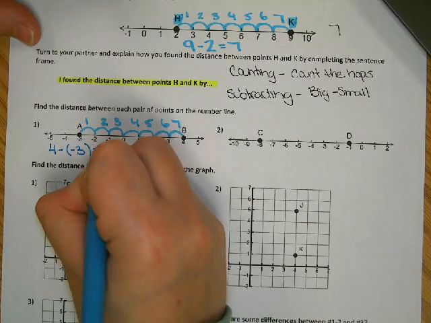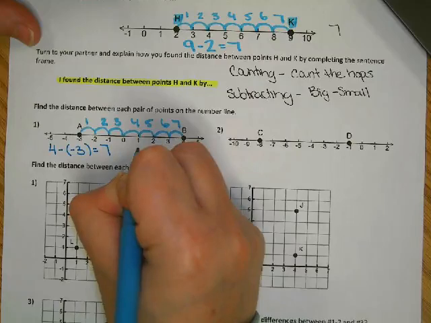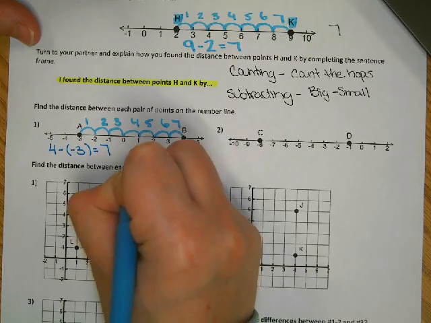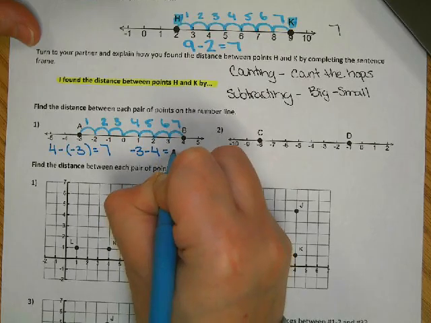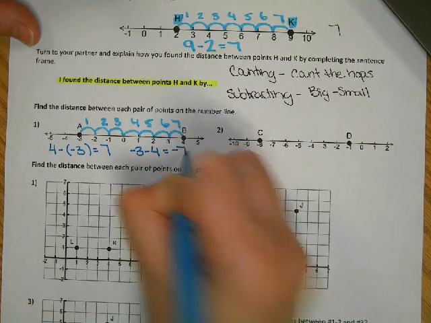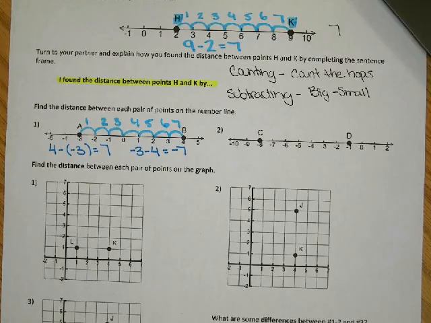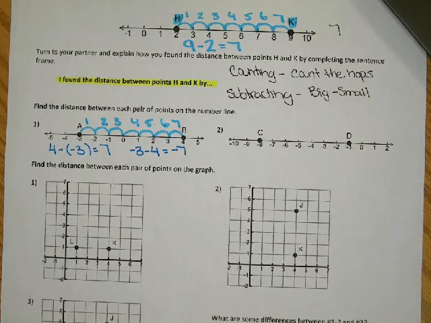7. What if you accidentally said negative 3 minus 4? What would we get? Negative 7. Okay. Do you guys remember ever hearing about the absolute value? Yes? No?